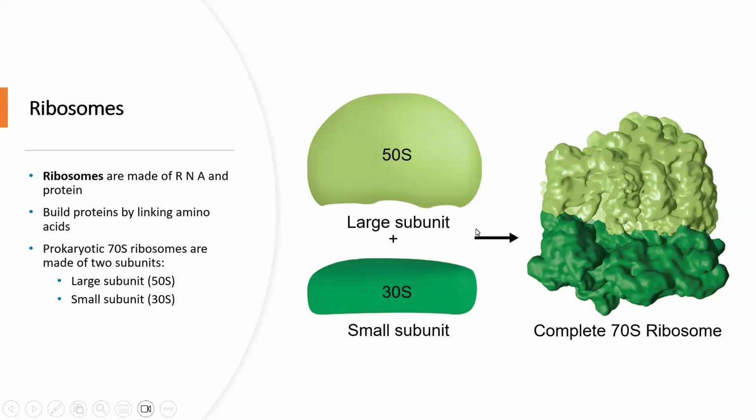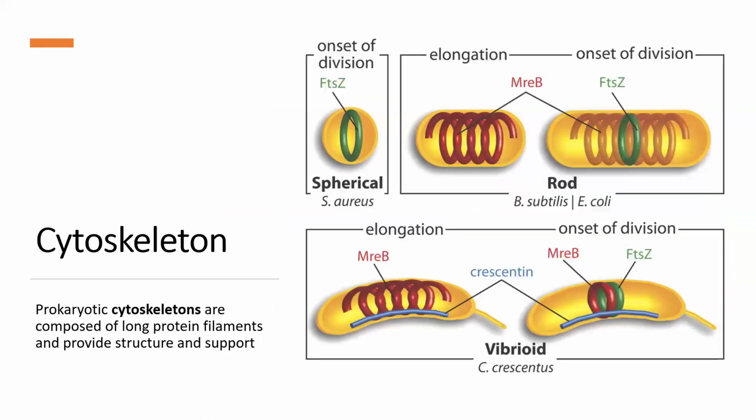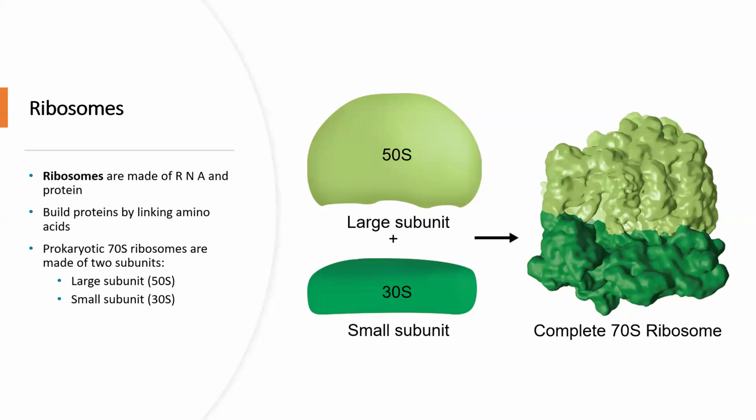So when they add together, the 30 and the 50 don't equal an 80S subunit, they equal a 70S subunit, because they're not additive. It really just depends on where it sediments. Now, one thing that's interesting here is that the ribosomes inside of prokaryotic cells are the same kind of ribosomes that we'd find inside of a mitochondria or inside of chloroplasts.